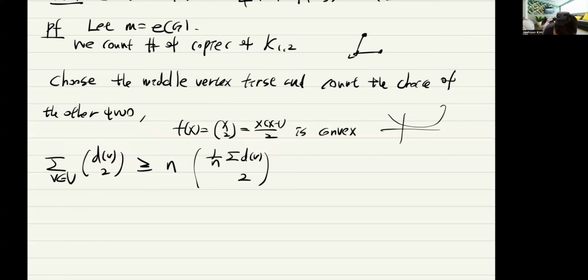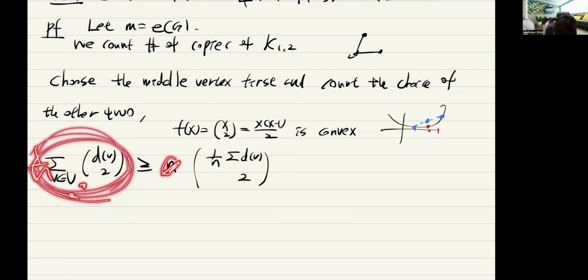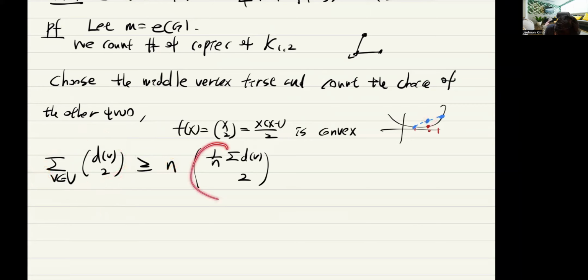If you have a convex function, what do we know? You take the values and then take the average; it's bigger than if you take the average first and then take the value. So here, that's the average value corresponding to this blue one. And then this is what? You take the average and then apply the function, which corresponds to the red one.